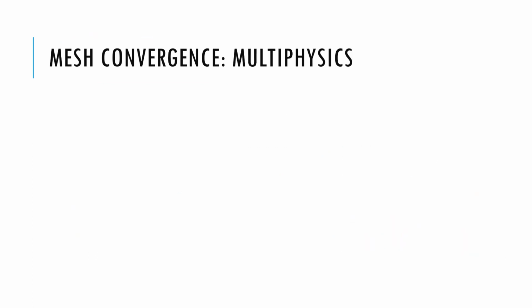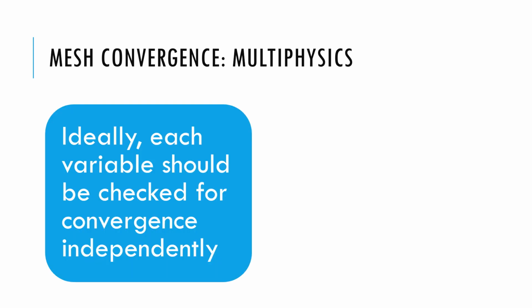When there are many variables that we're computing, especially when there's multi-physics, different types of physics like heat transfer and electromagnetics, things can get more challenging. Ideally, each variable should be checked for convergence independently, even within the same physics.